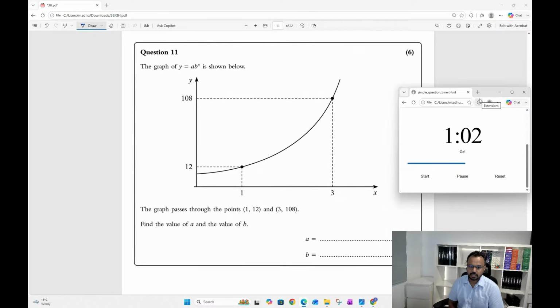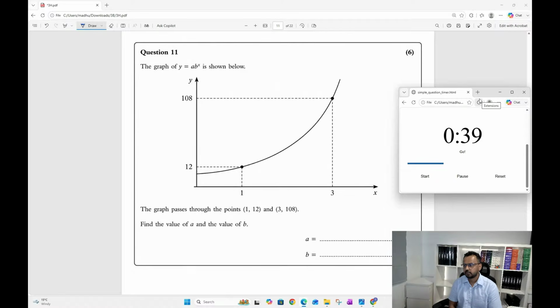This topic, guys, is what is it? Exponential graphs. Zaina, exponential graphs. Good. Guys, send me the answer when you figure this out. Go on.